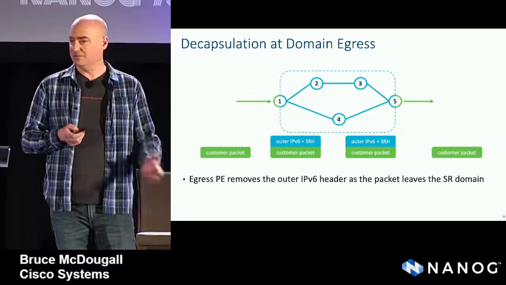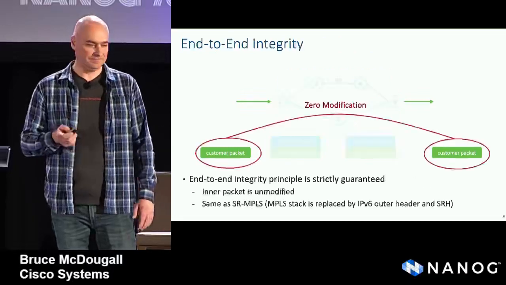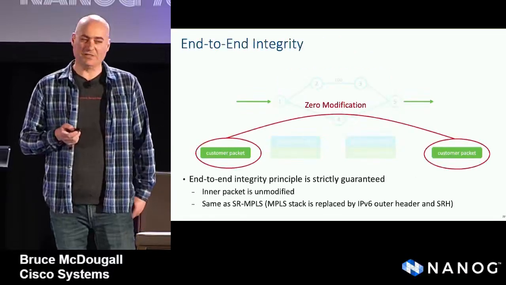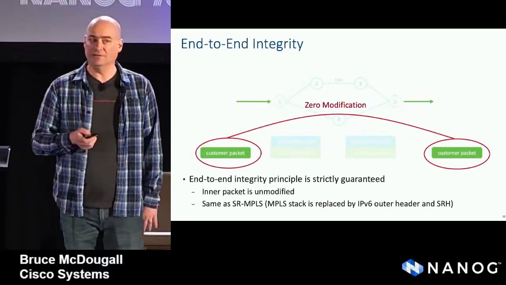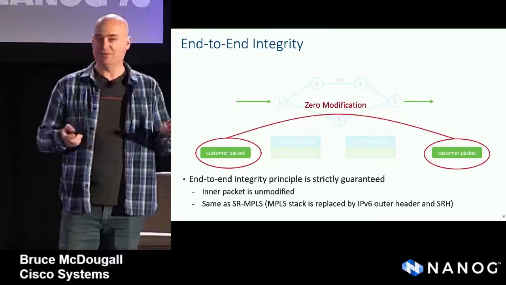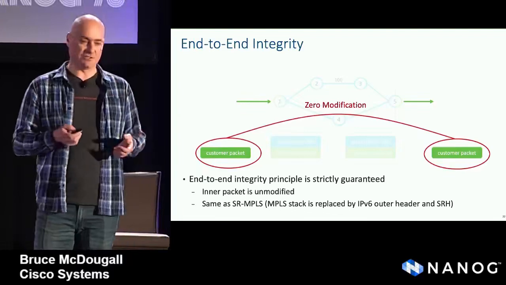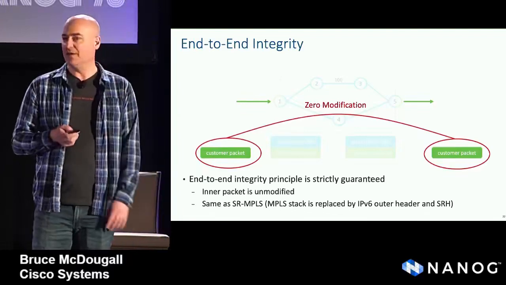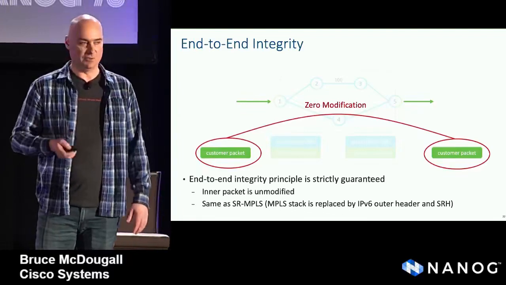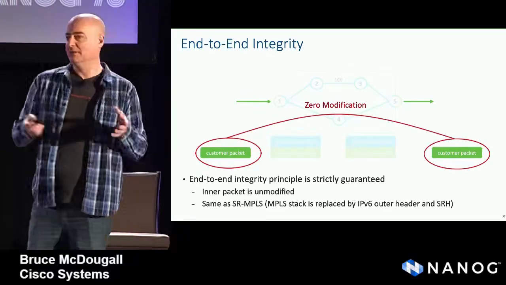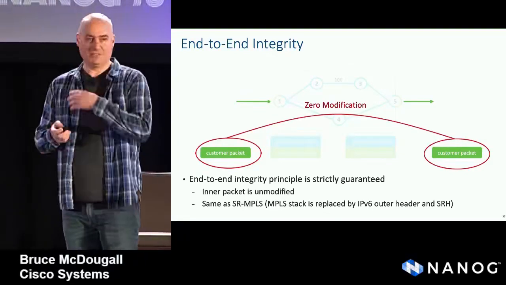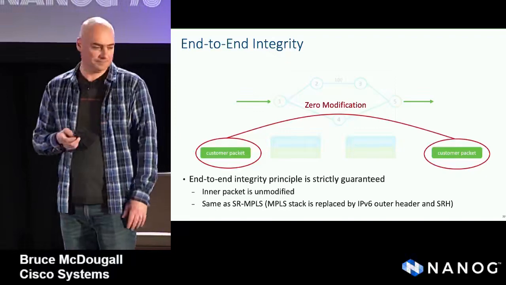So it removes that header and forwards on the original packet. And we did want to emphasize the end-to-end integrity of the actual customer packet. So the SRv6 network itself is not changing the customer packet in any way. It's behaving exactly like an MPLS VPN in this sense, where it's simply encapsulating it in a v6 header, sending it on, and then decap.